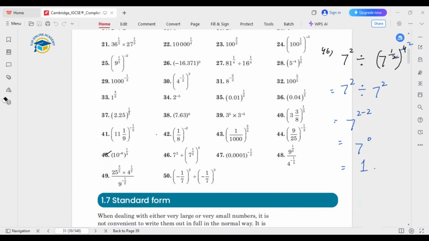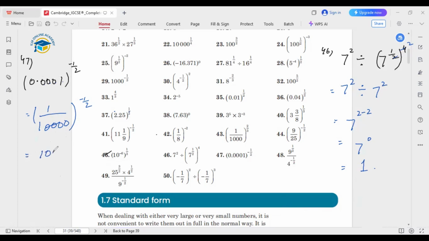In the 47th, they gave us 0.0001 raised to the power negative 1 by 2. So first, let's make it into the form of a fraction. We have 1, then 4 zeros after it. And then negative 1 by 2 as it is. As the power is negative 1 by 2, to make it positive, we will invert the fraction.